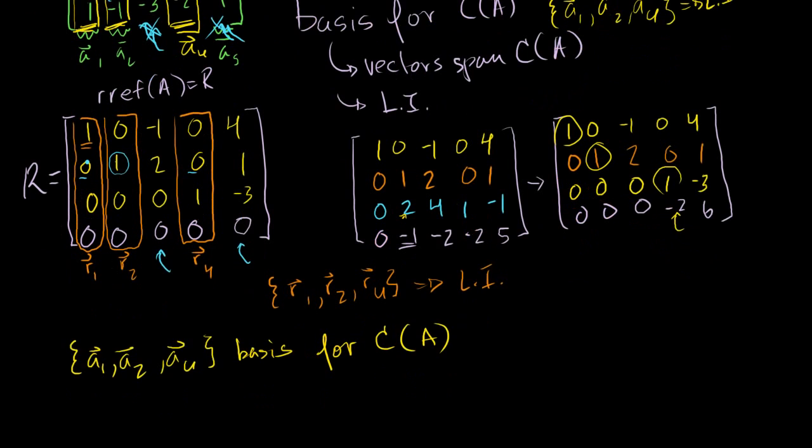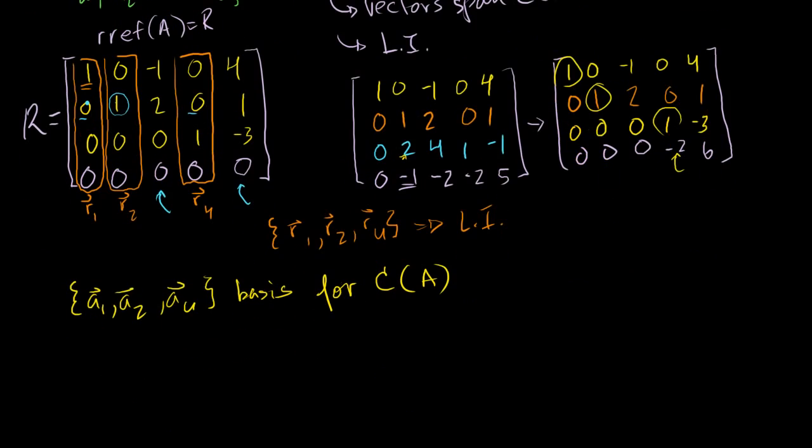Now, the next question is, what is the dimension of the column space of A? Well, the dimension is just the number of vectors in any basis for the column space. And all bases have the same number of vectors for any given subspace. So we have 1, 2, 3 vectors. So the dimension of our column space is equal to 3.